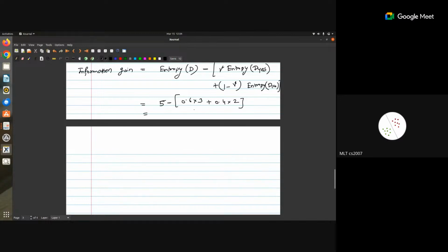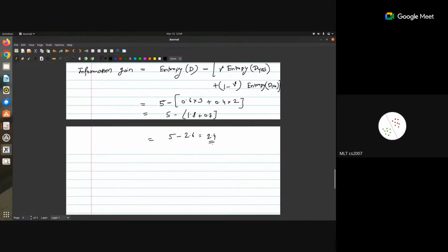So this is 1.8 plus 0.8, and 5 minus that. So how much is it? 2.6, which is 2.4. 2.4, right? So that is your information gain.